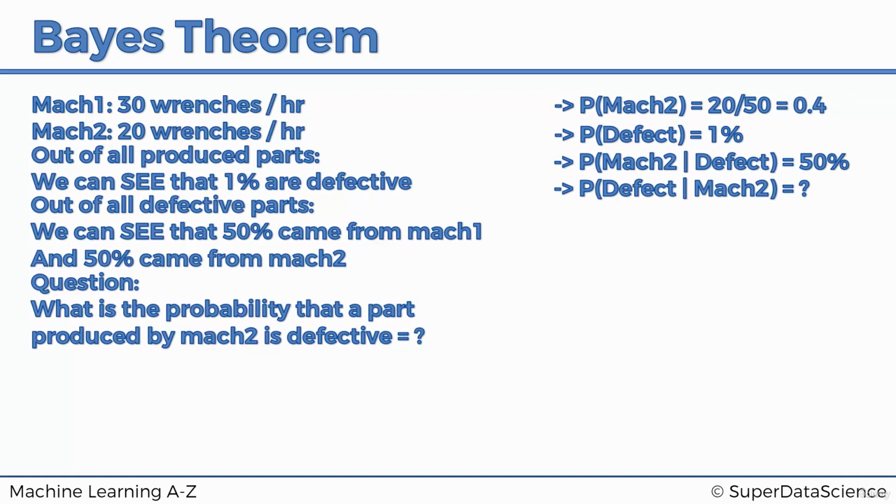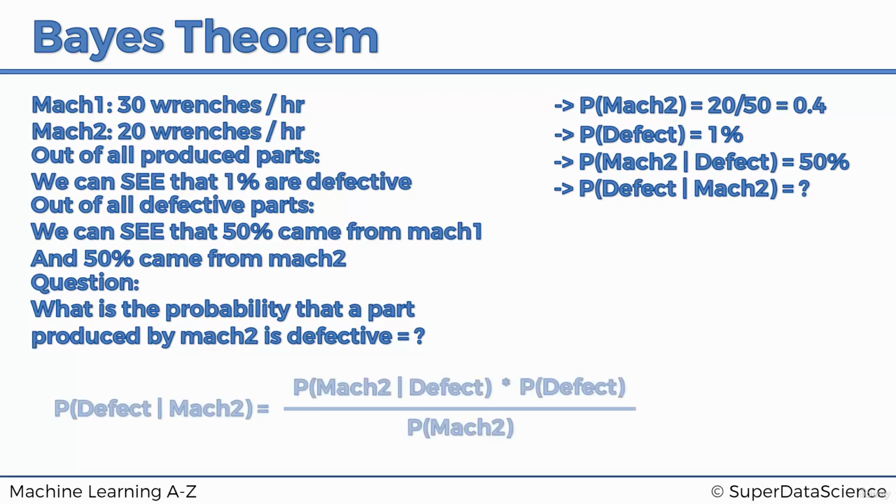Now let's write down the Bayes theorem, which we had a brief look at before. The Bayes theorem for this particular problem will look as follows. The probability of a part being defective, given that that wrench came from machine 2, equals, and here we go, this is the fun part.